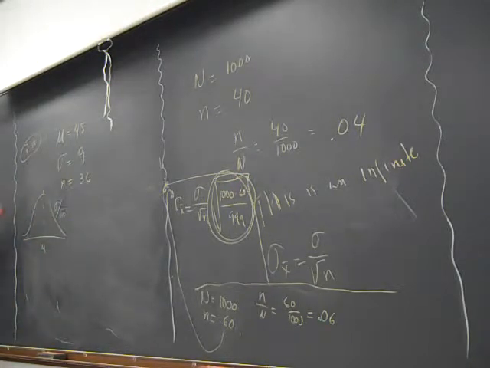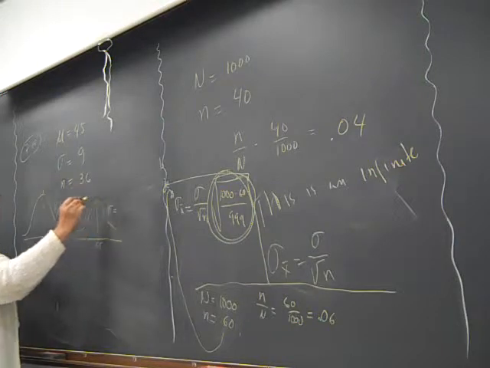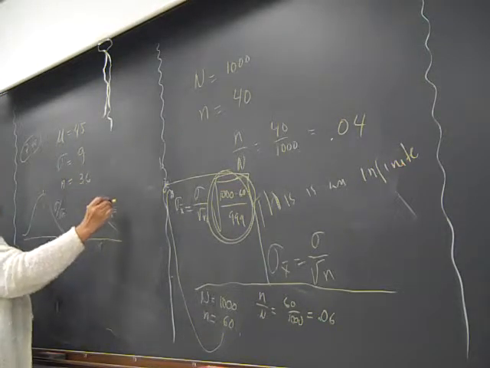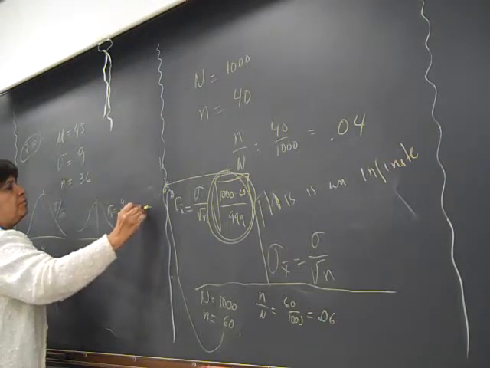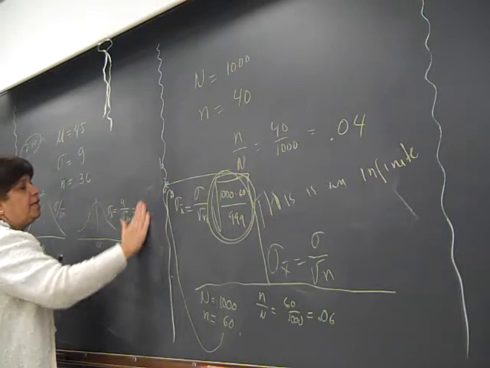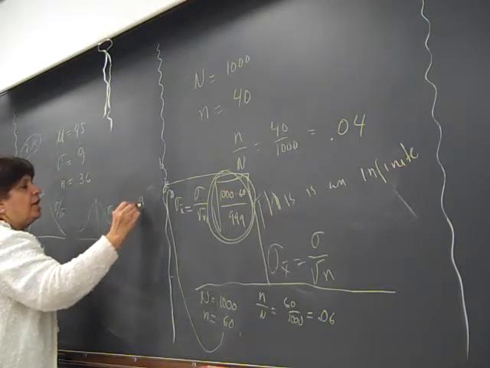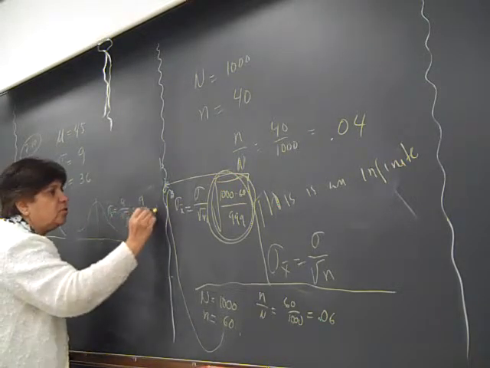So we know that this is a normal distribution with mean equal to 45 and sigma equal to 9 over square root of 36. So it's 9 divided by 6, and that is equal to 1.5.